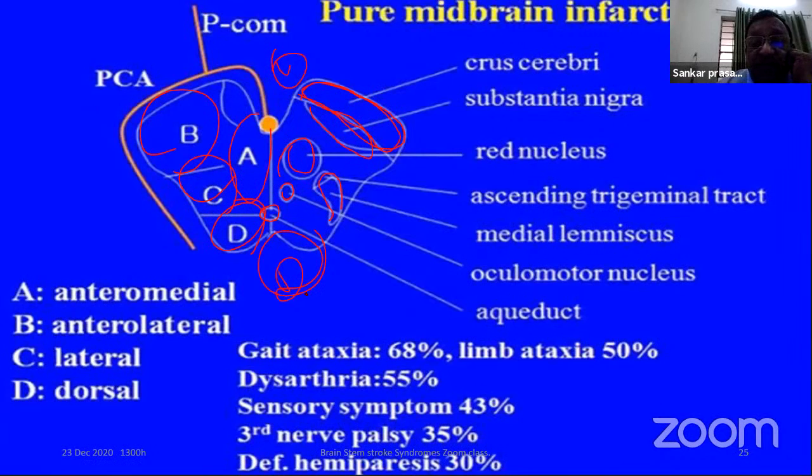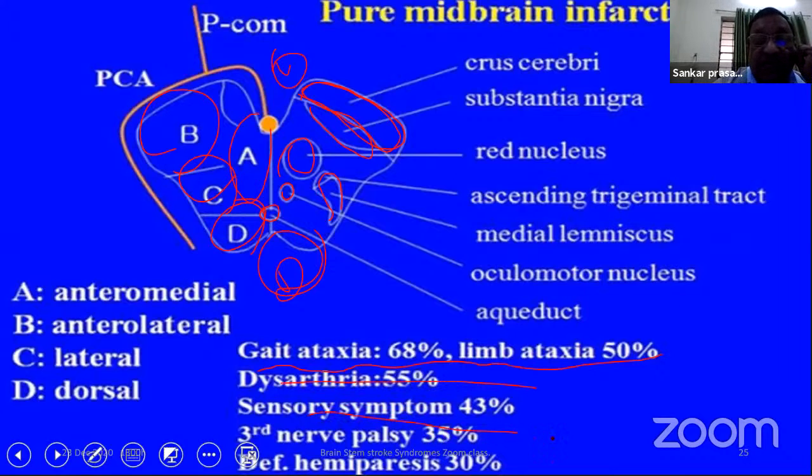And affliction, you see crus cerebri, substantia nigra, red nucleus. So what are the main clinical features? Gait ataxia, limb ataxia, and sensory symptoms, dysarthria, third nerve palsy, and hemiparesis. So you remember that the third nerve is in the midbrain, and what characteristically we see is Weber's syndrome.